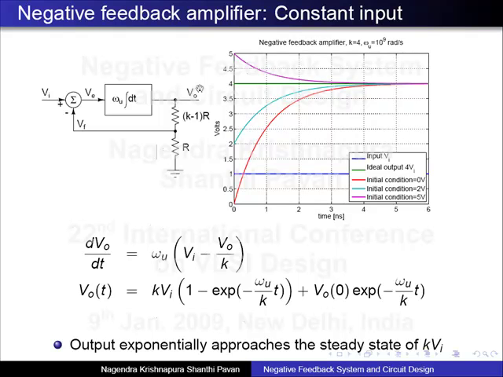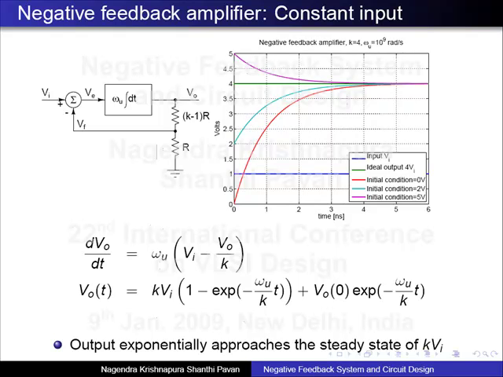Now instead of casting it as an integral, I have shown it as a derivative, that is the derivative of V0 is omega u times whatever is at the input. So this is the equation.